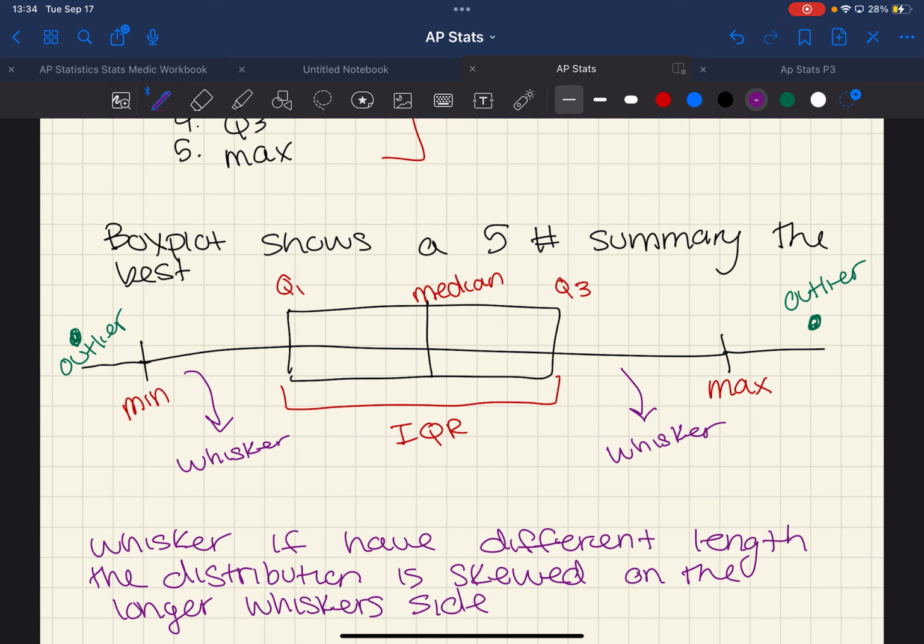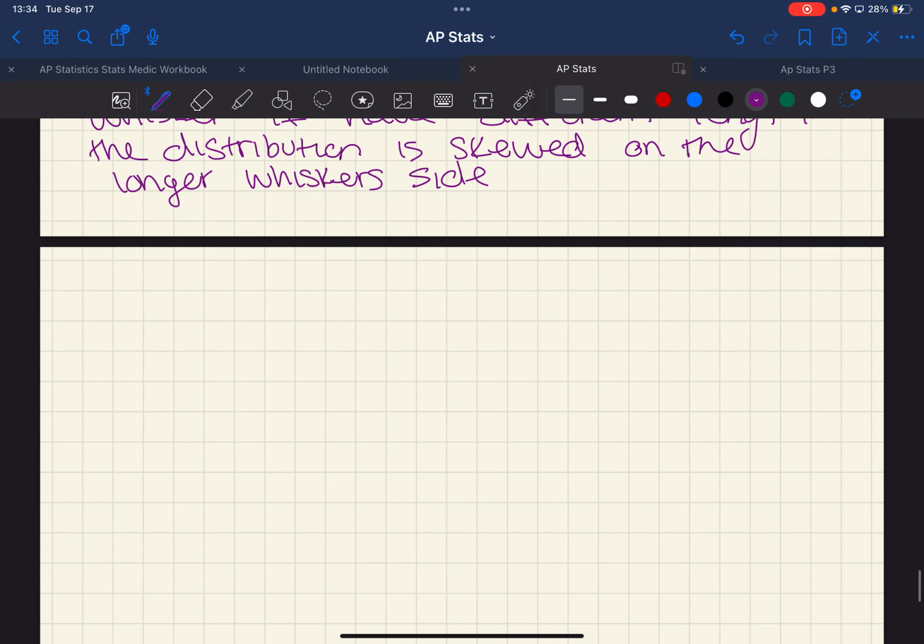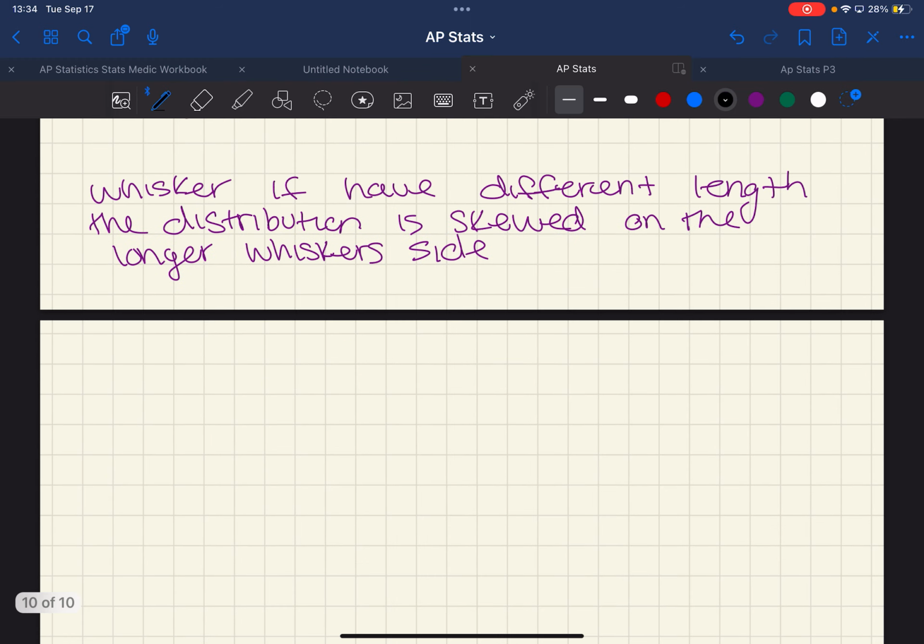To determine whether a box plot is skewed or symmetric, we can also look at the position of the median in relation to the first and third quartiles. So let's say we had one that looks like this. So here's the whisker, here's our quartile, and here's a shorter whisker.